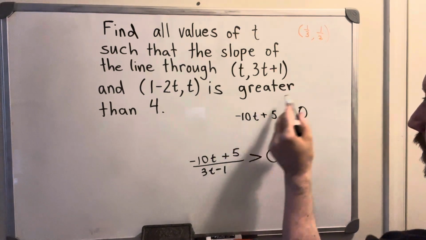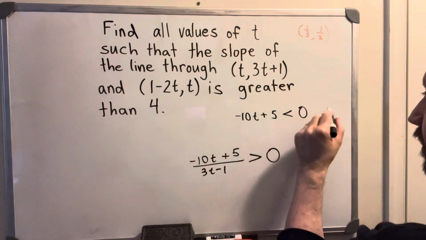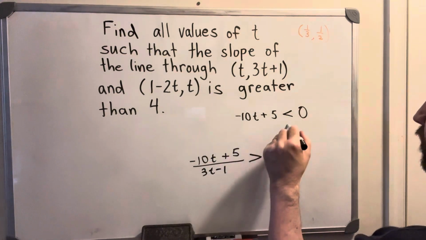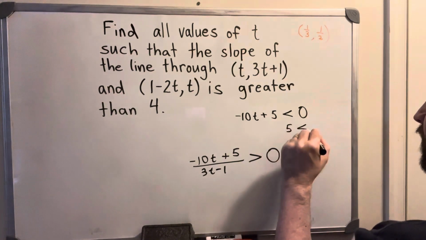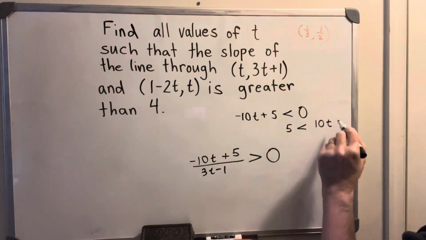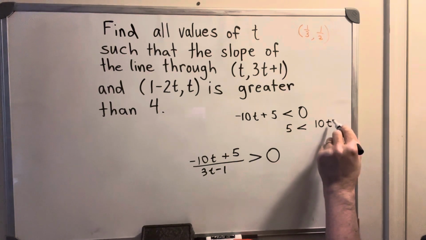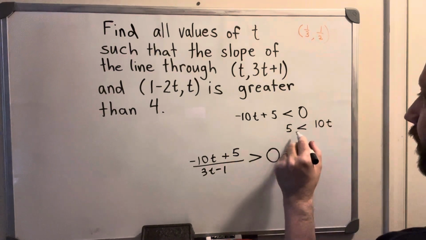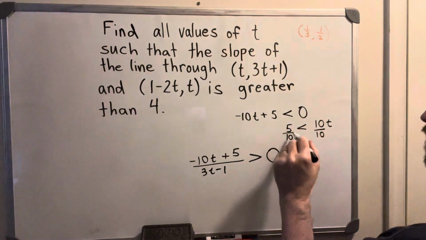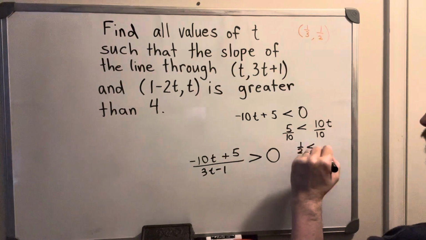We can bring over the negative 10t to this side. Adding 10t to both sides cancels it out over here. So now we got 5 is less than 10t. We want the t by itself, so divide both sides by 10. t is greater than 1/2.